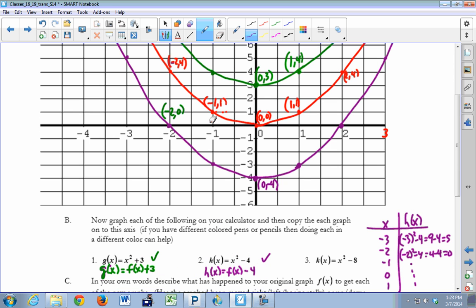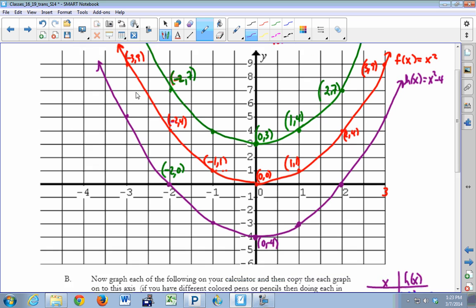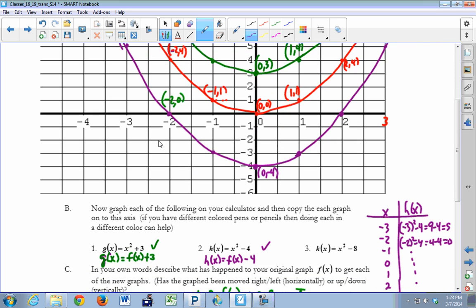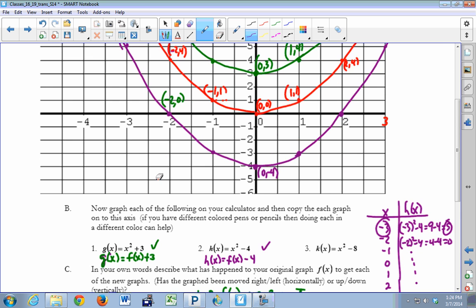Negative 3 was 9. When I subtract 4 from 9, I get 5. So the point negative 3, 5 is on the graph of h of x, and that's what you see right here, negative 3, 5. Negative 2, originally when I squared it, became 4, but when I take, excuse me, what am I taking away?